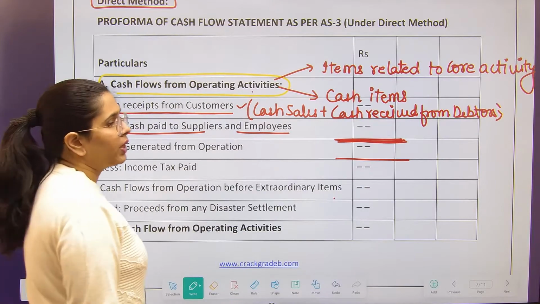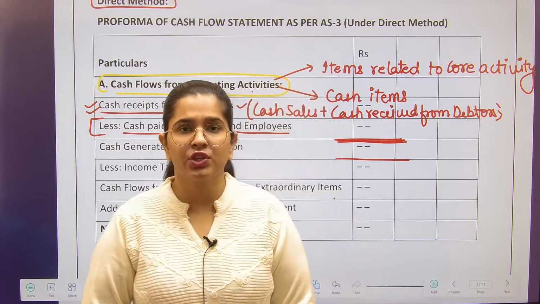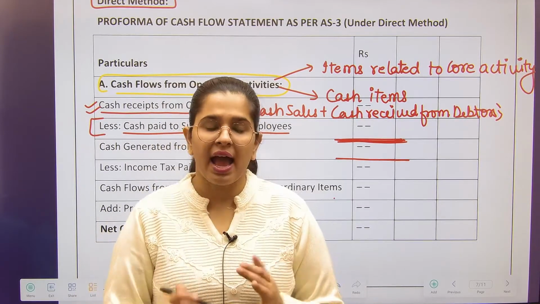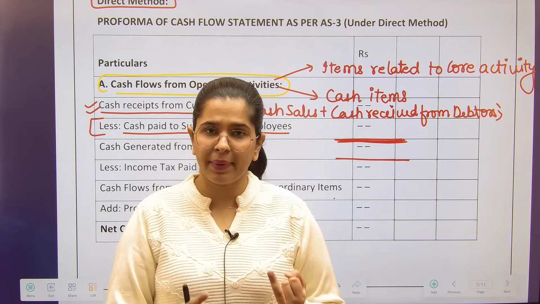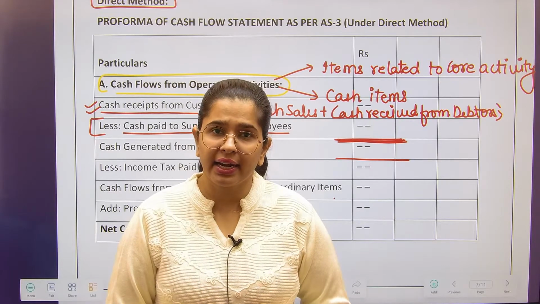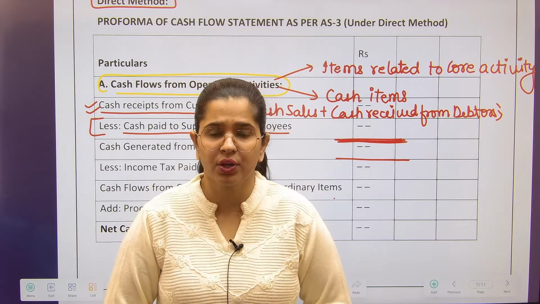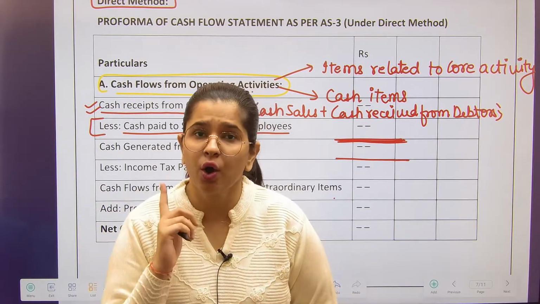That means whatever business I am doing, this is the amount of cash which I have generated after selling my products. I have taken cash sales, I have deducted suppliers' payment, I have deducted employees' payment. If there is any direct expense which is necessary in order to conduct the manufacturing, then you will deduct that as well. It will give you cash flow from the operation.